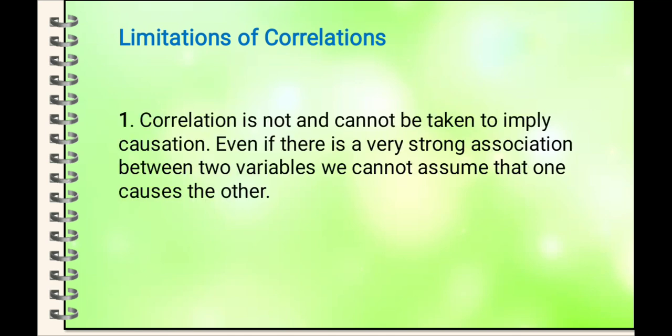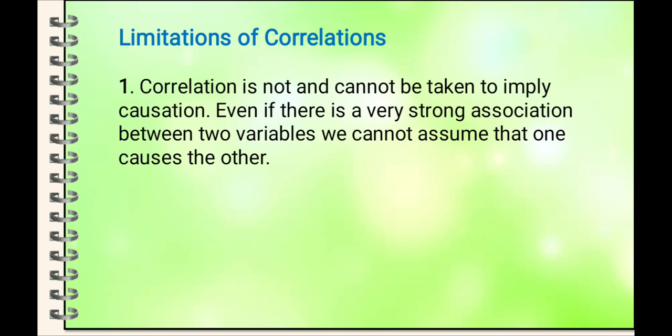What are the limitations of correlations? First, correlation is not and cannot be taken to imply causation. Even if there is a very strong association between two variables, we cannot assume that one causes the other.